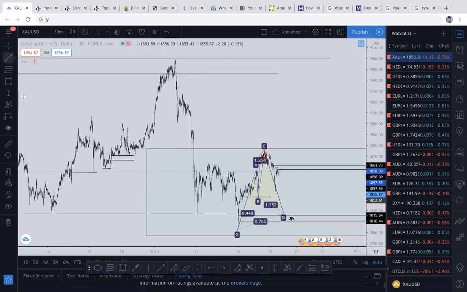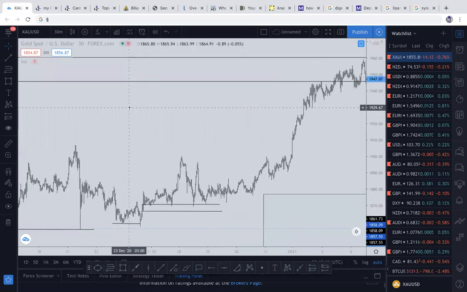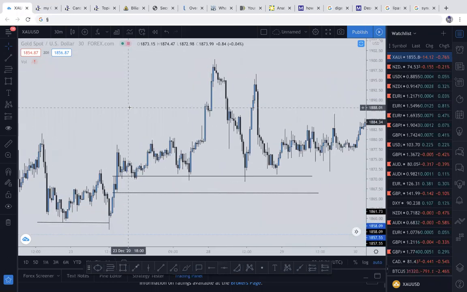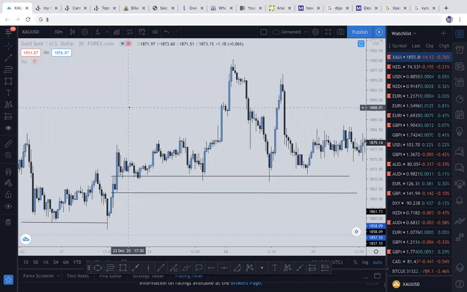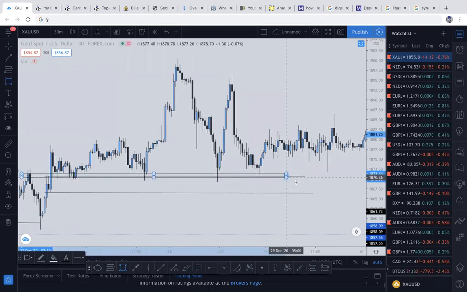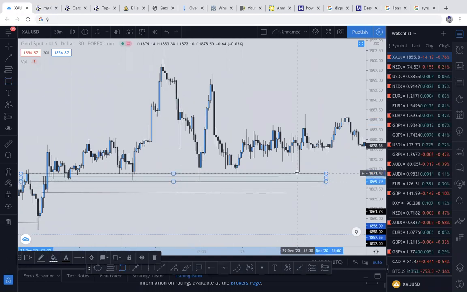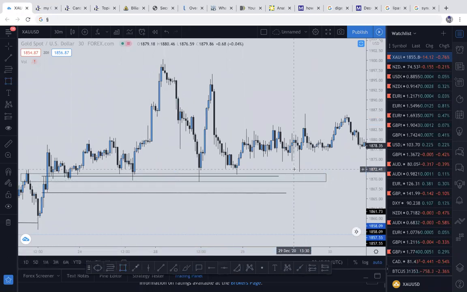Can you show what mitigation looks like? Mitigation looks like this. I'm not going to go far. Does that answer your question?